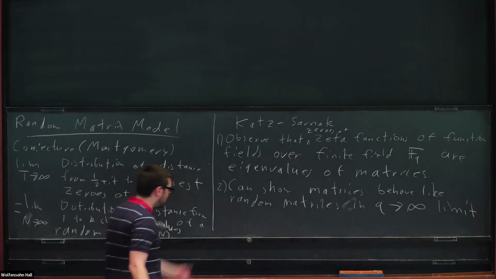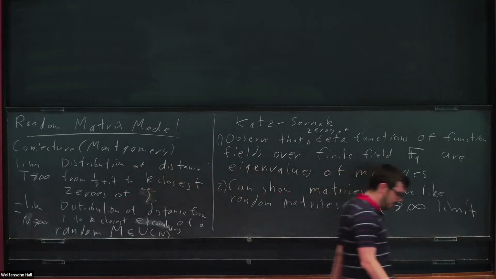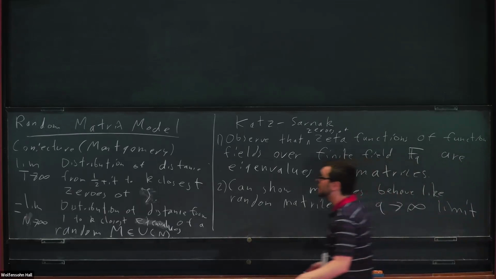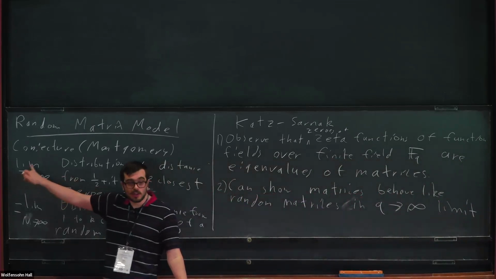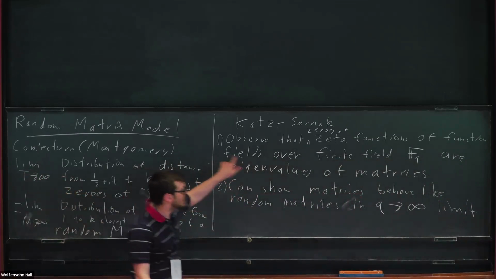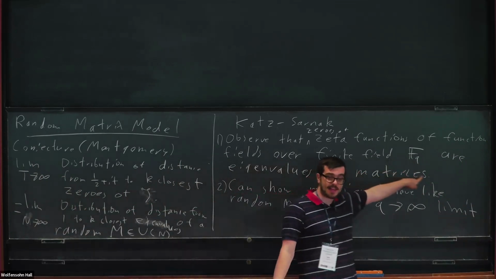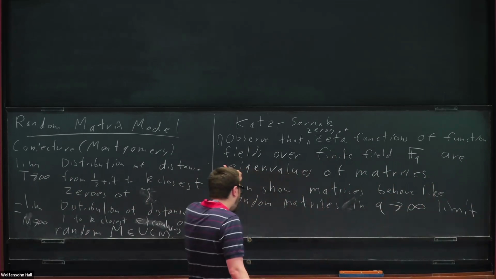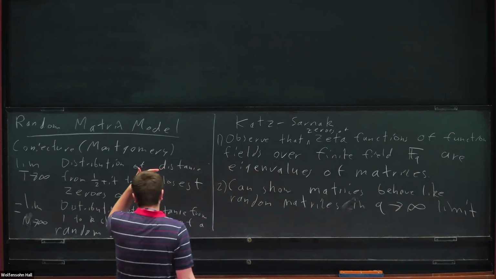So using Deligne's equidistribution theorem, you can study the statistics of these matrices, and you can prove a version of this statement with a limit as q to infinity, because in this setting you have an auxiliary finite field, and you let the size of the finite field go to infinity. And this requires computations of some monodromy groups.